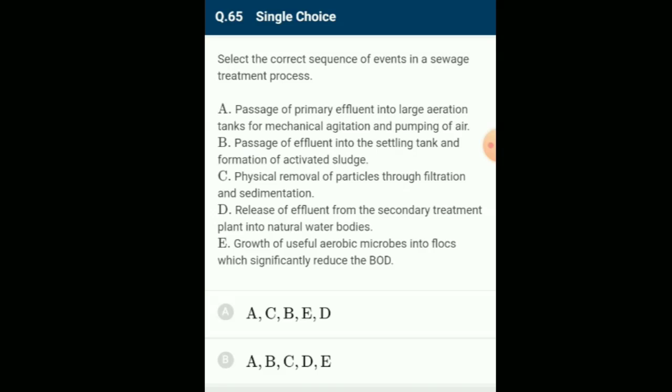As a result, there is a growth of useful aerobic microbes, that is flocs, which consume the majority of the oxygen in the effluent and significantly reduce the biological oxygen demand. The effluent then passes into settling tanks where sedimentation of bacterial flocs occurs. This sediment is called the activated sludge. The effluent from the secondary treatment plant is released into natural water bodies. So the answer for this question is option C.